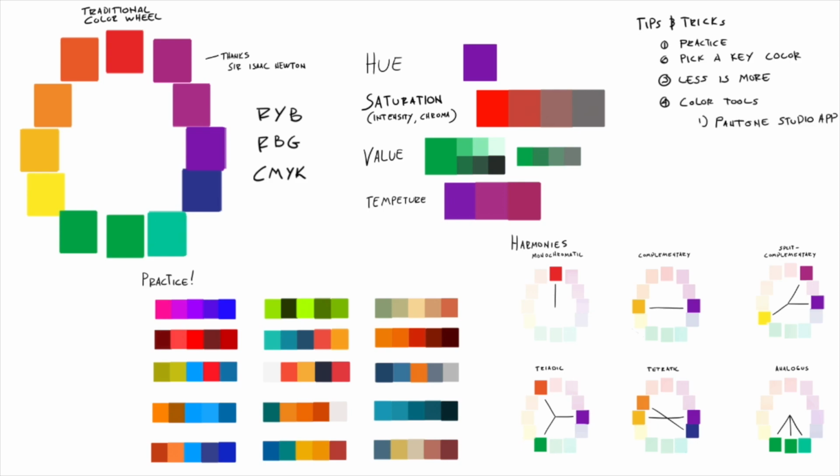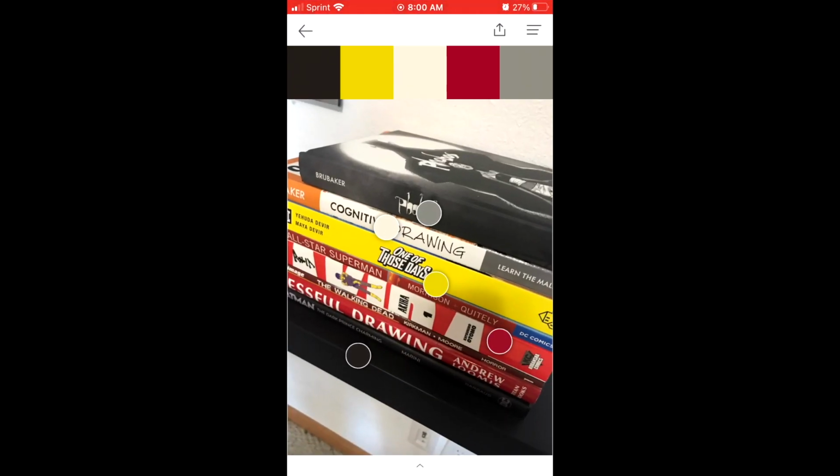Last thing that I would like to talk about is color tools. Now, this last color tool is the Pantone Studio App. It's an incredible app that gives you a lot of capabilities. One is you snap a picture, and here you can see a picture that I've snapped really quick of my favorite books. And this could be of a painting, maybe your favorite painting. It could be any combination of things.